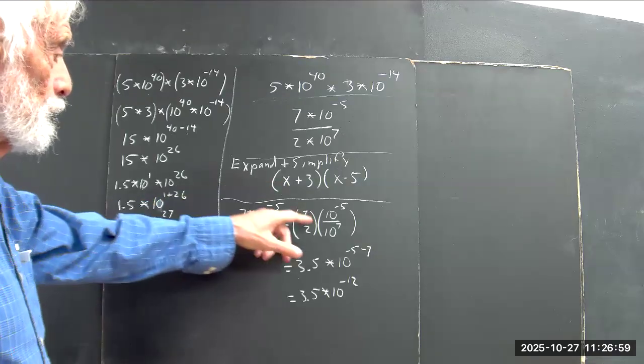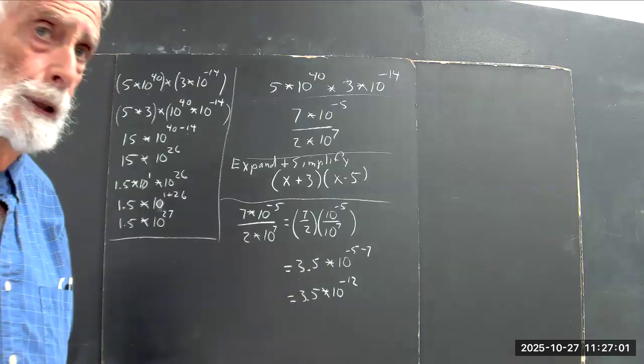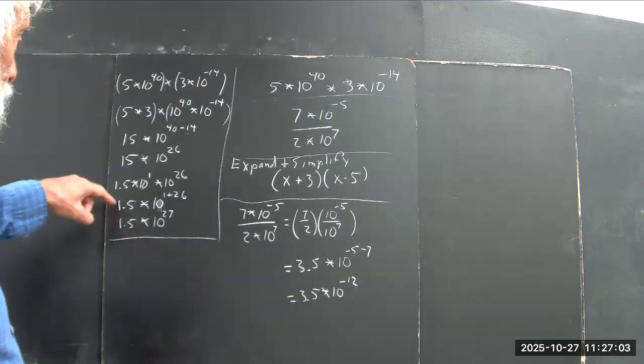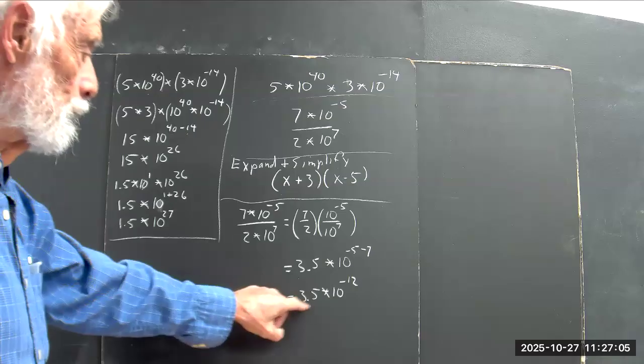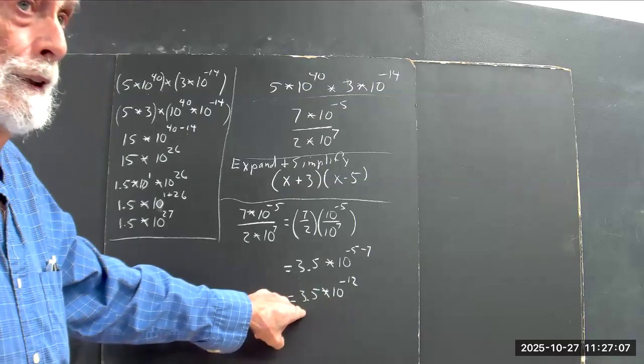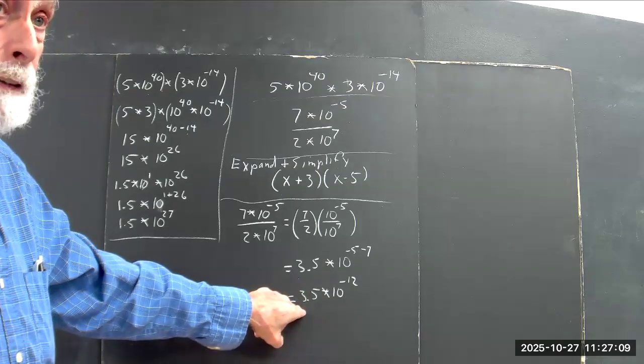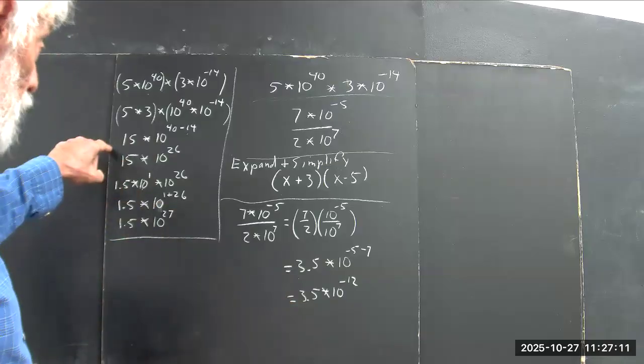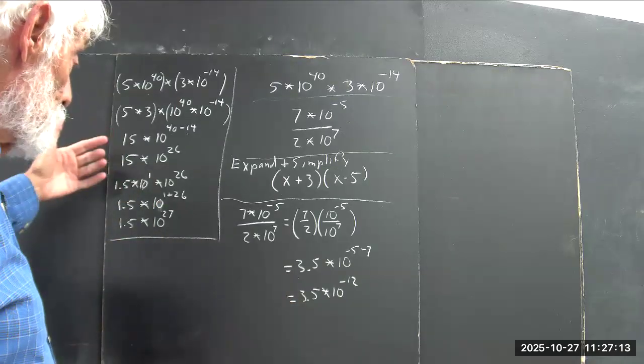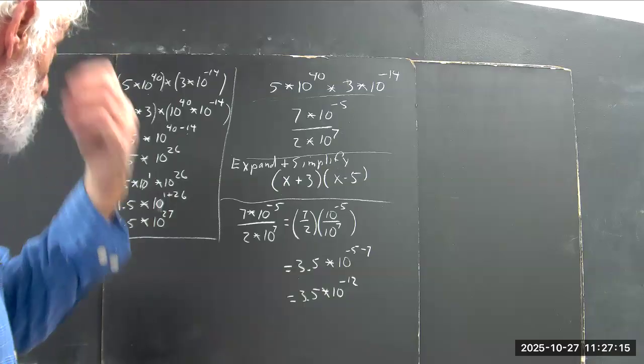Now we've actually got fewer steps in this problem. There are only 4 steps. The number in front of my multiplication came out between 1 and 10, so that was okay. So we didn't have a couple of steps we didn't have to do here.